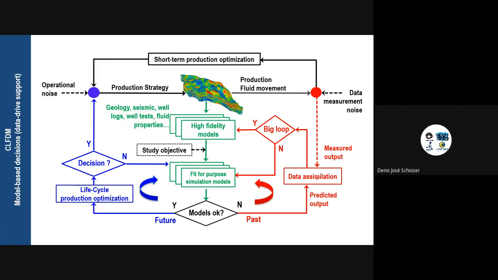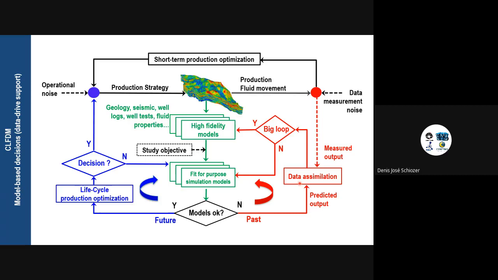Data simulation is the name we use for what maybe some of you know as history matching. And we are going to explain a little bit also why we are not calling it history matching anymore. Of course, history matching is a very well-known activity in petroleum companies. It's very important for you to understand that data simulation and history matching are almost the same thing. But we are calling it data simulation in order to explain that our main focus is not to match data.